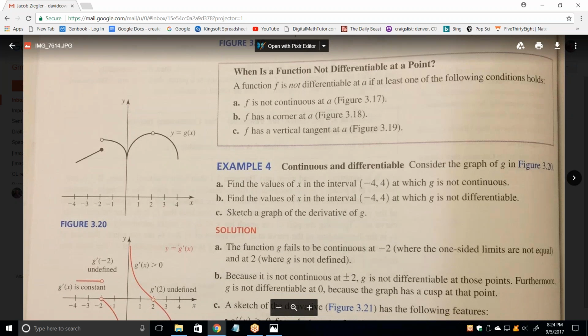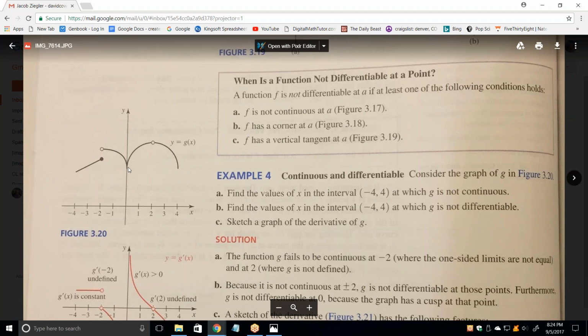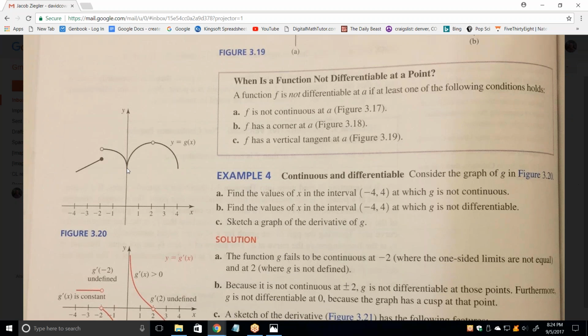All right, let's go down and look at number 4. If f is continuous at a, must f be differentiable at a? No, because it could be a cusp or a corner. Exactly. If I go back to this point right here, that's definitely continuous. In other words, the easy definition of continuous is, can you draw it without picking up your pencil? If you can draw it without picking up your pencil, it's continuous.